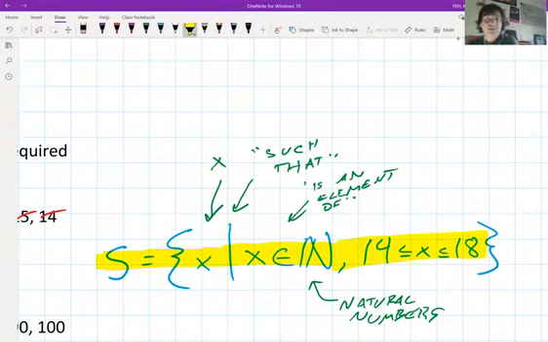So this is called set builder notation, and what we wrote towards the right-hand side literally builds the set for us. It says, take all the natural numbers, then only keep the ones in between 14 and 18, inclusive. You might say that seemed like a lot of work.